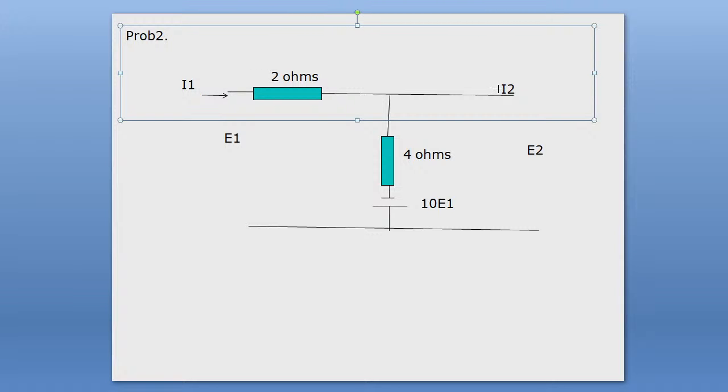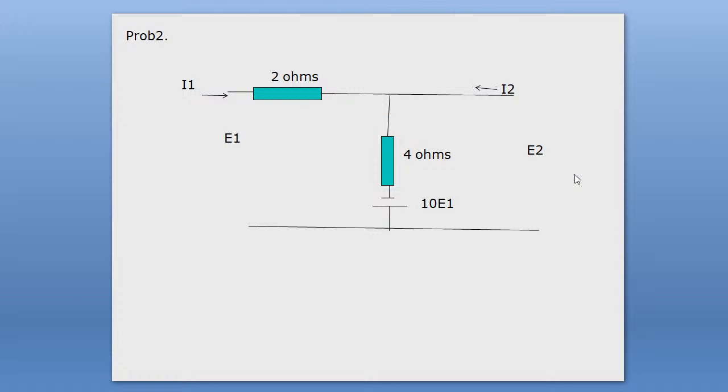This current is also entering into the circuit. Now your problem is to calculate the values of parameters Z11 and Z21 for this network.